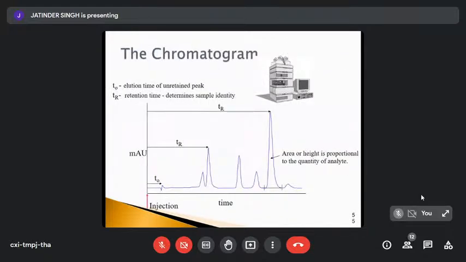Like this is T naught, this is the solvent front. This is TR, the retention time for one component, and this is the retention time for the second component. And depending upon the standards, you can analyze your substance.